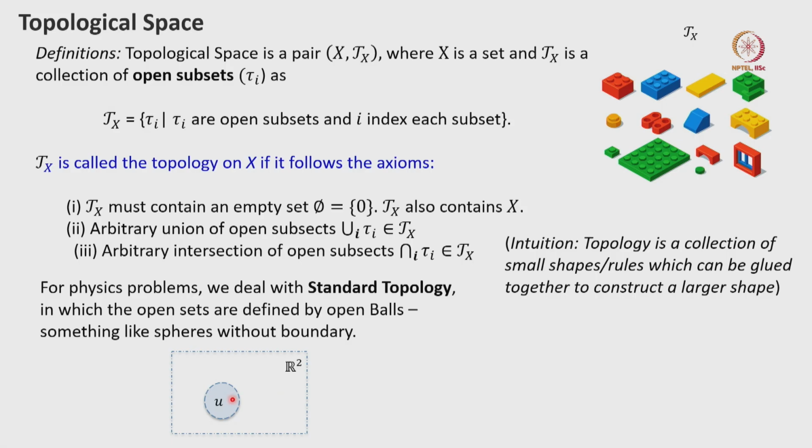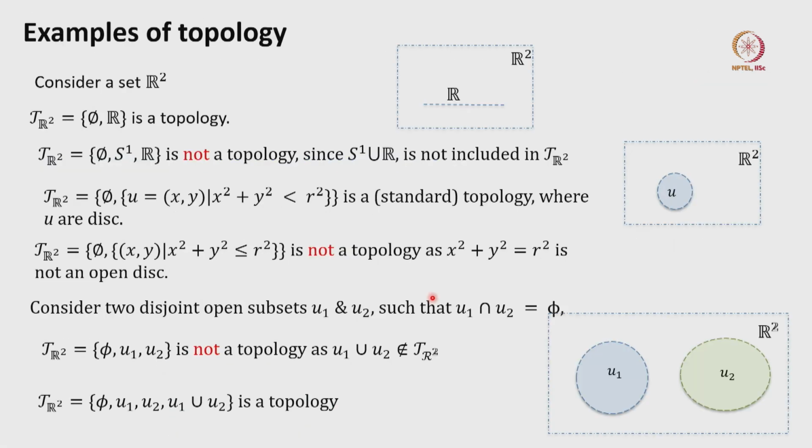And when we give open balls or open disks with certain radius, that is called standard topology, and in physics we use standard topology. Okay. Let us take a few examples and then we will come back to a little more about what topology is.